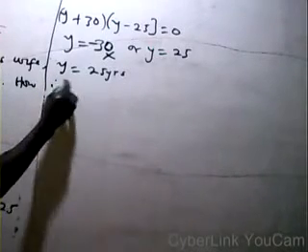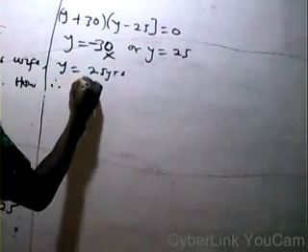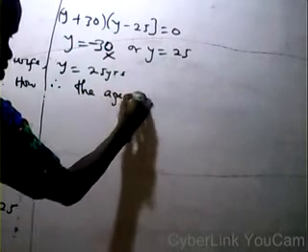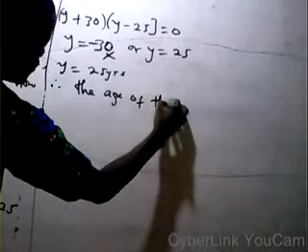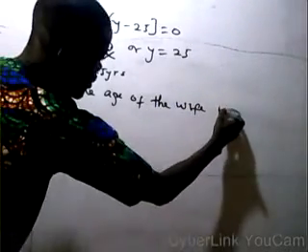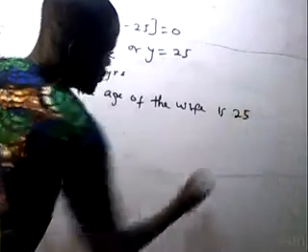So we now see, remembering that the age of the woman, which is the wife, is 25.